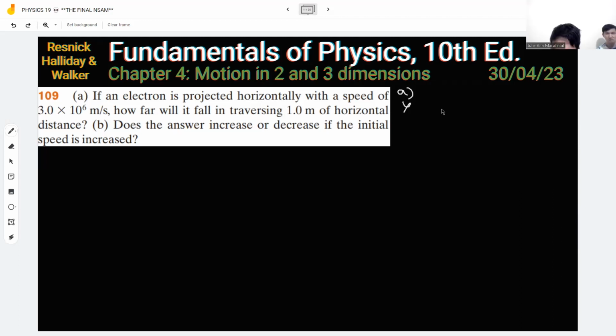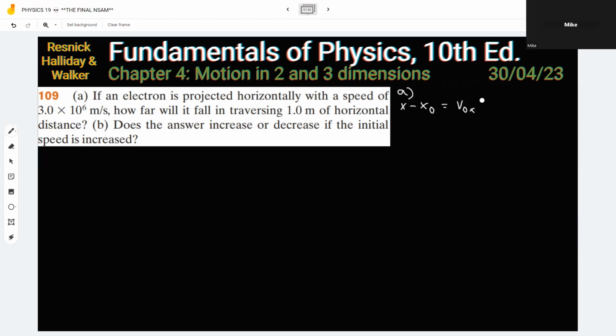Wait. So, sige, i-state ko, no? Yx equals... so x minus x naught equals... yung velocity dito, initial velocity is purely horizontal.